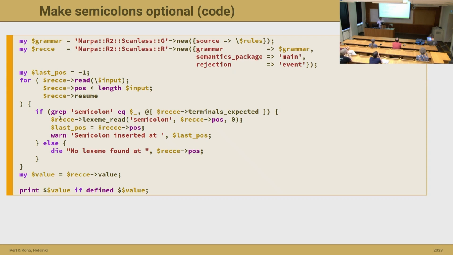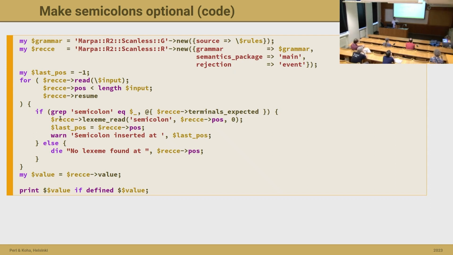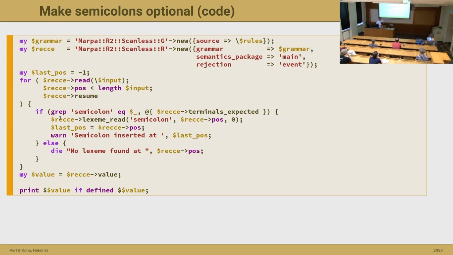So it's another object that represents the parser, basically, and we now have to proceed in smaller steps in order to be able to interact with it. So what we do, we tell it to read the input.